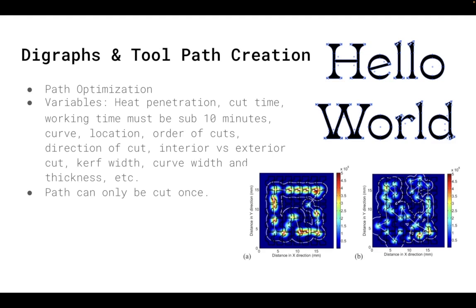On the right, you can see a path that is optimized for heat dissipation. And this becomes really important when you're working on thinner materials. Thicker materials can dissipate heat faster throughout the entire space of the material that you're cutting. But when you're working with thin materials, the plasma cutter cuts so hot at 40,000 degrees Fahrenheit that it is very easy to simply melt through material instead of just cutting it.